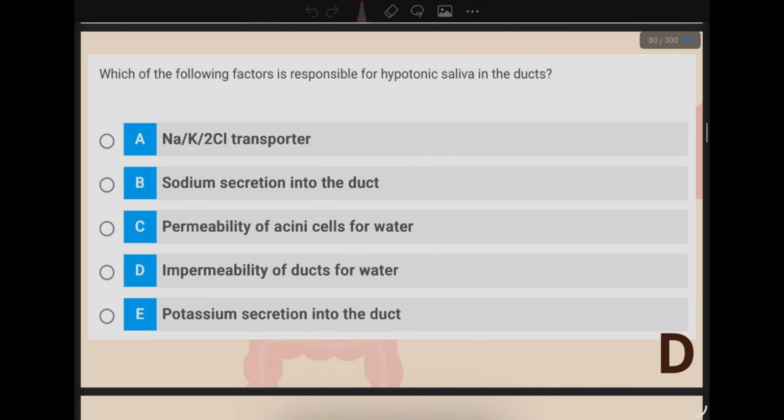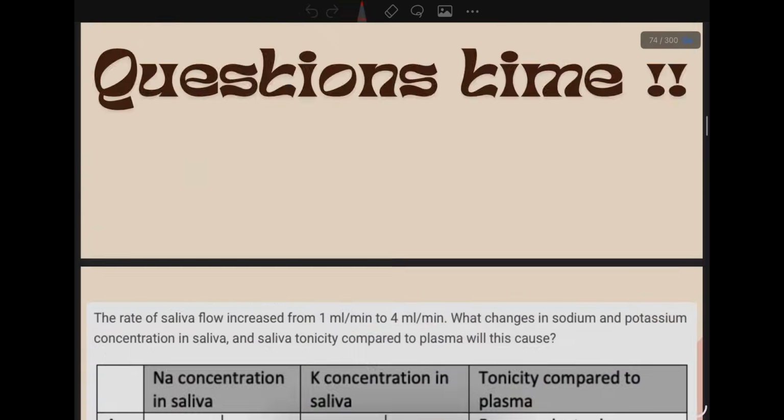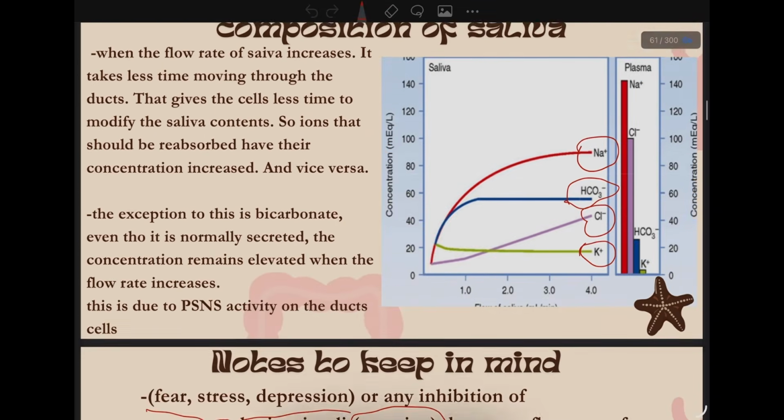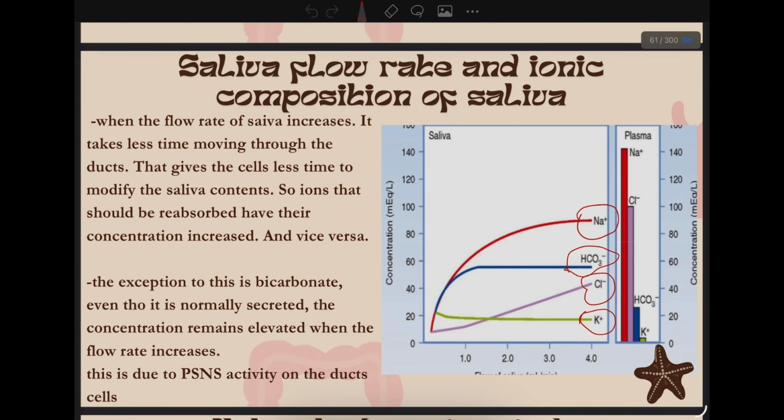Of course, it will be the impermeability of ducts for water. But then something that I didn't mention in the flow rate, and I think it's a bit important to know, that you can interpret it yourself, but I will help you with it. We said it does not become isotonic again after it becomes hypotonic, right? But what happens to the tonicity when the flow rate increases? Of course, it will remain hypotonic, but more hypotonic or less hypotonic?